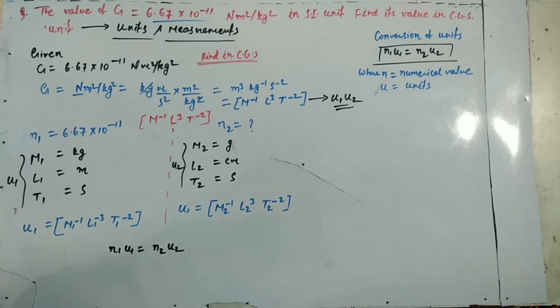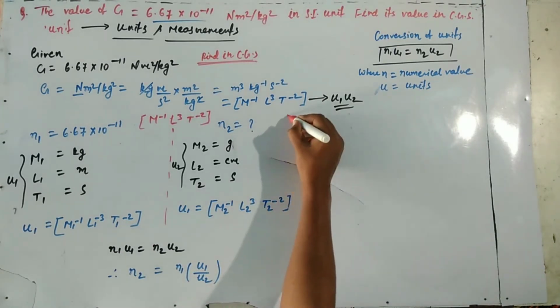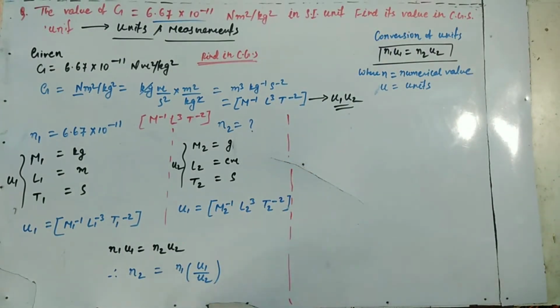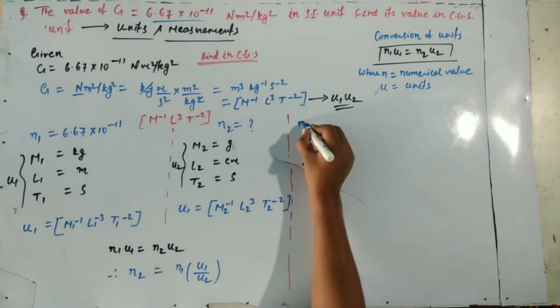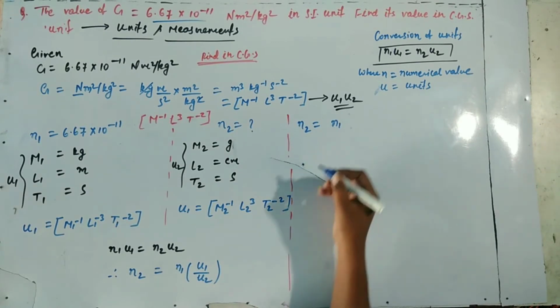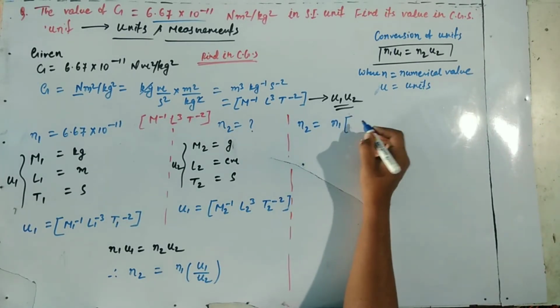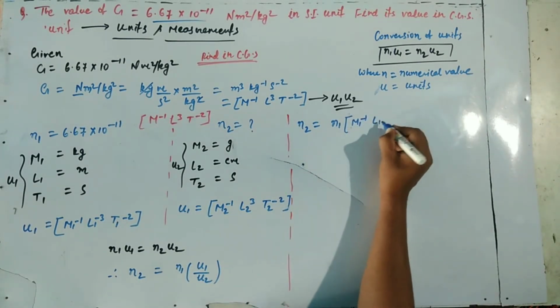So these are the values of N1, U1 and U2. By the formula N1 U1 equals N2 U2, therefore N2 will be N1 into U1 by U2. After that, we put the values of N1, U1 and U2 and we can calculate the value of N2.